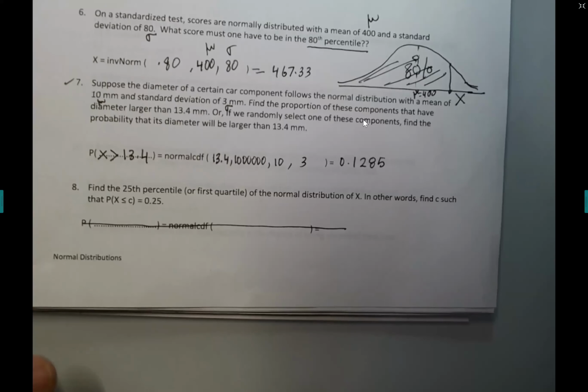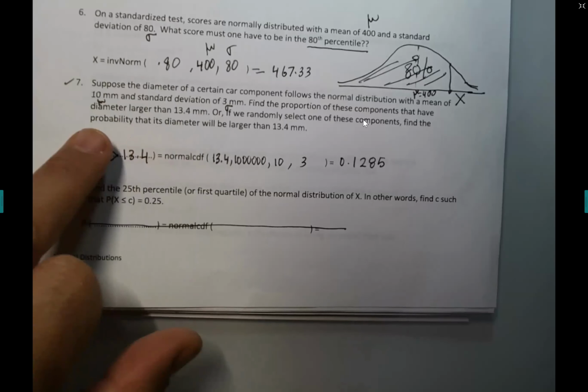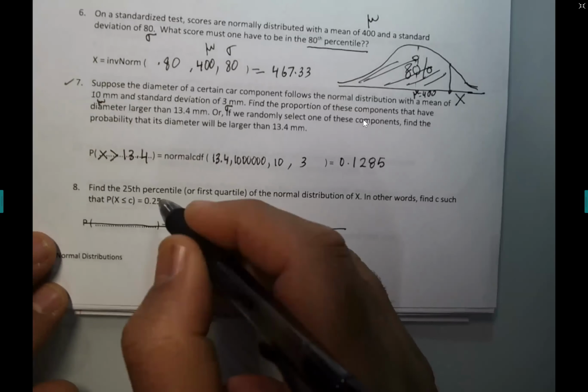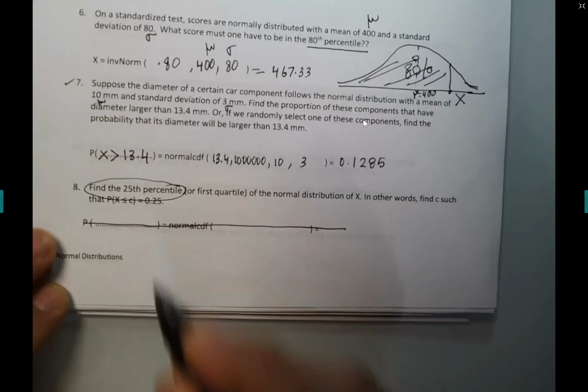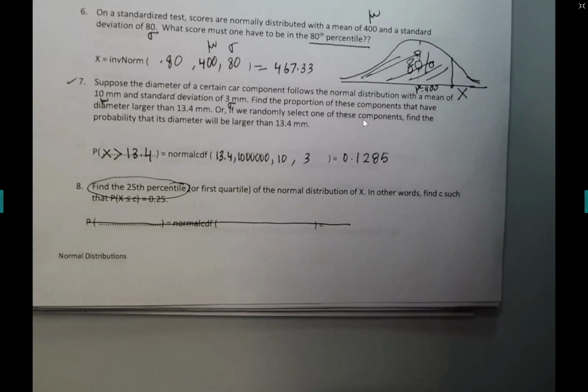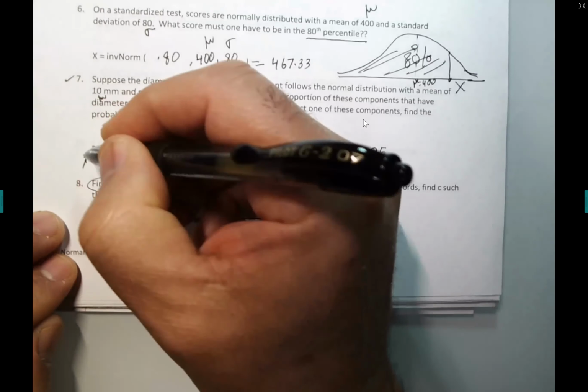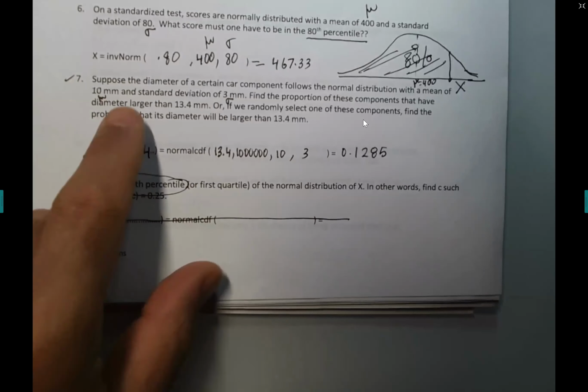Let me see, where is the mean and the standard deviation? Okay. Find the 25th percentile. That means, guys, he's giving you the area, which is 25%, and he wants the X value. Actually, this is not an 8. This is a continuation of 7. So I need the mean and the standard deviation from 7.